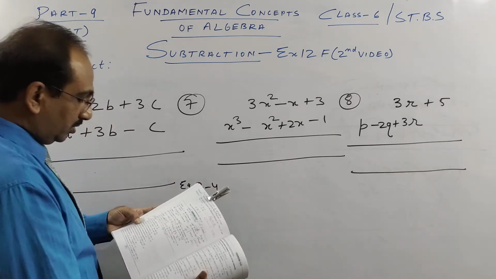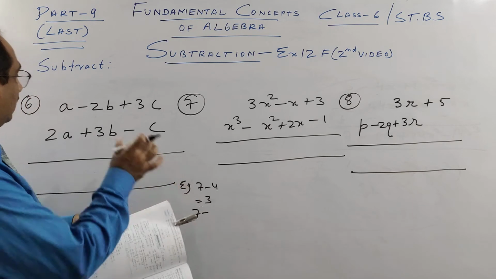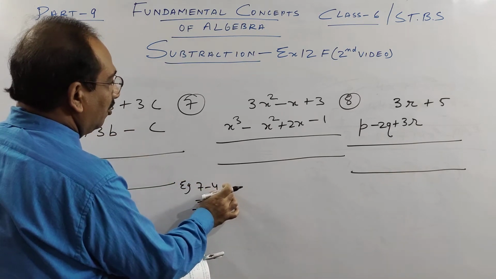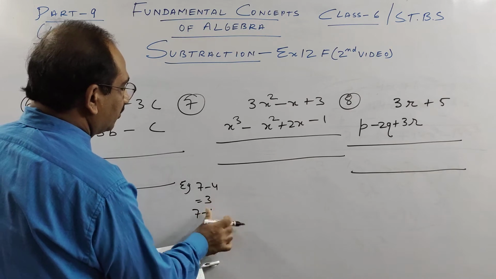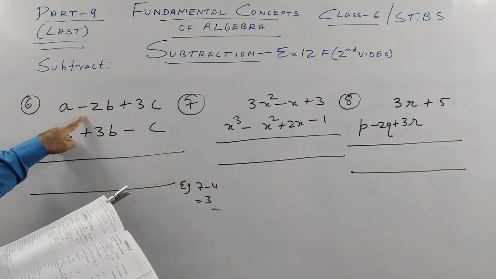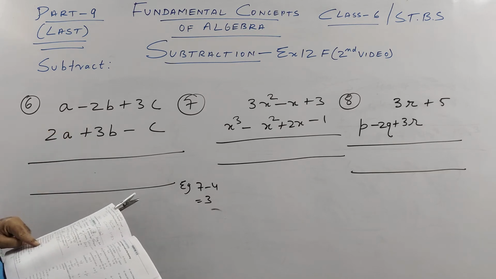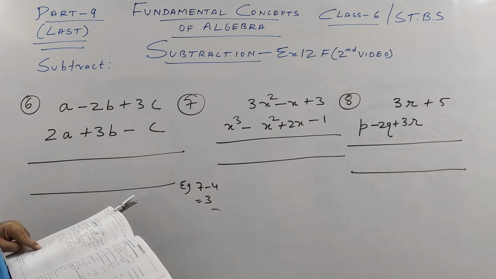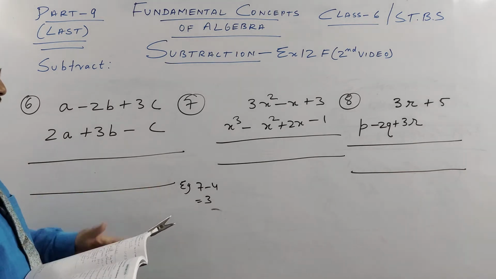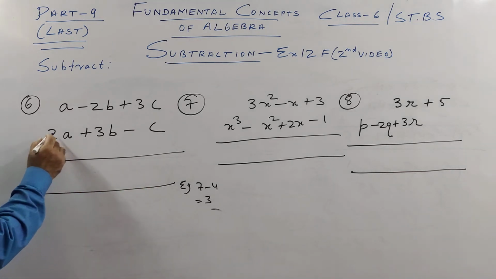So what we do, so see this question, how much is this greater than this? So how much is 7 greater than 4? So we subtract, 7 minus 4 is 3. So how much is this greater than 2a plus 3b minus c? So simply we subtract. So this is the example I told you. So let us change the sign.